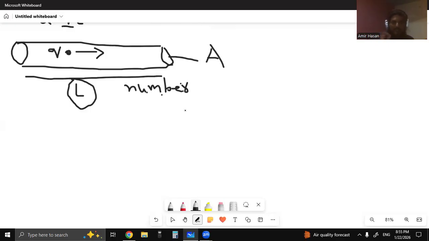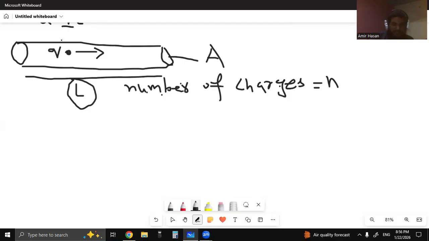Here we describe the current with respect to the total charges. The number of charges present in the conductor is n, the length of the conductor is L, the area is A, and the electron charge value is E.